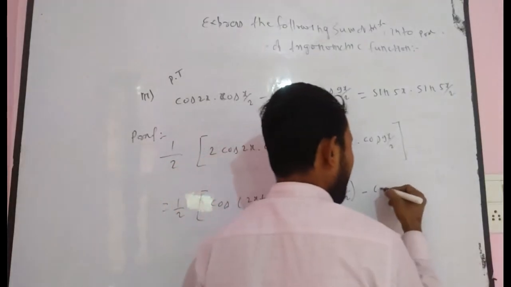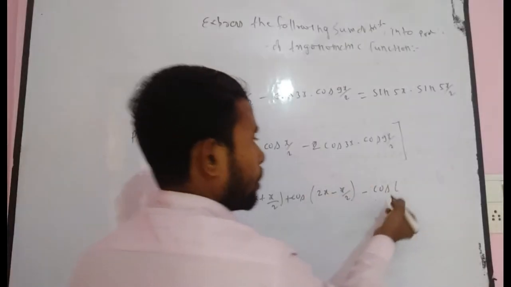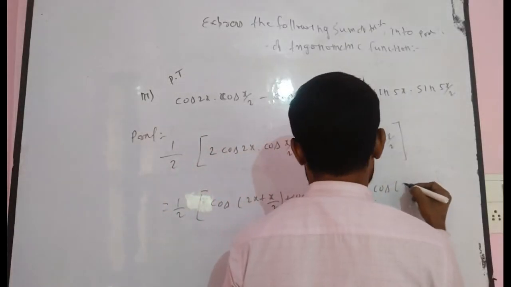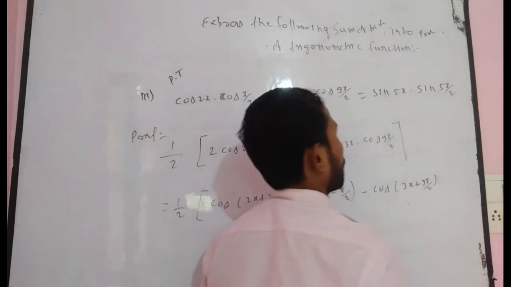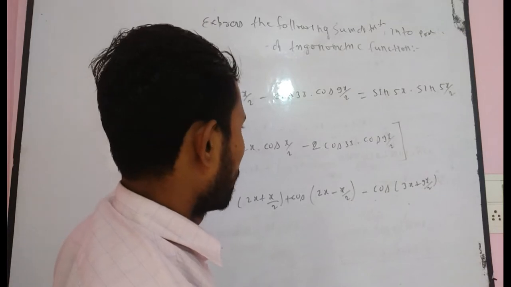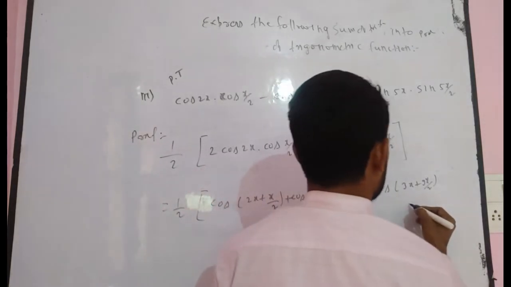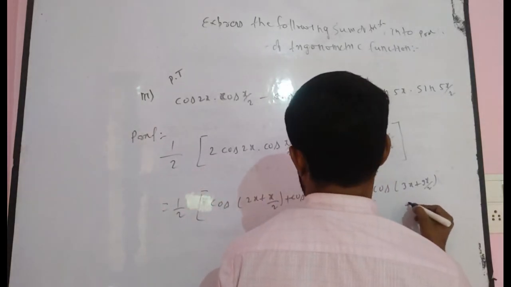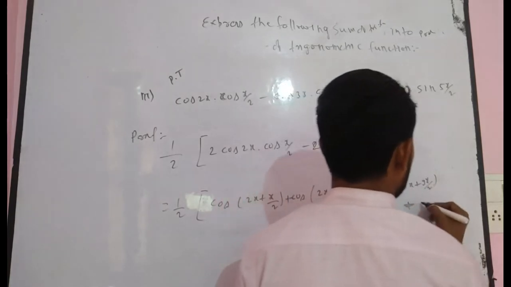Can you write it also? Minus, taking this side here, cos a plus b, that means 3x plus 9x by 2, plus cos a minus b, that will be 3x minus 9x by 2.